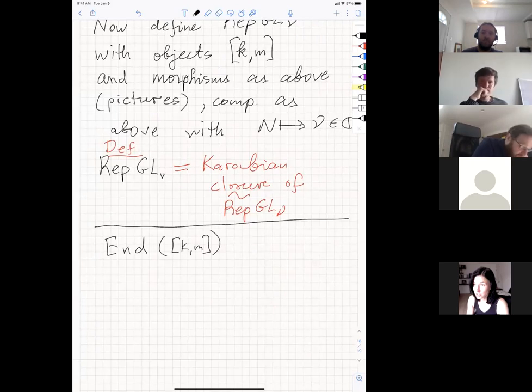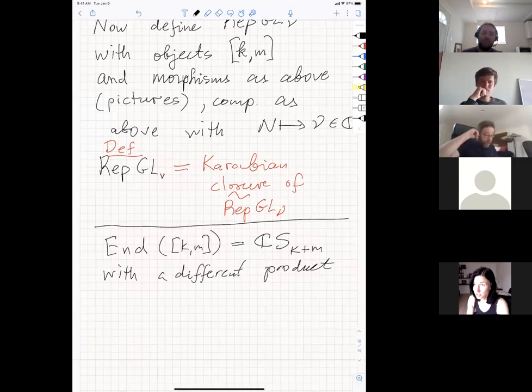Well, this is, as we know, just the group algebra of the symmetric group on K plus M, but with a different multiplication. Because we turned around M of the K plus M inputs. And this multiplication depends on nu, because when we compose ordinary permutations, we never get loops.